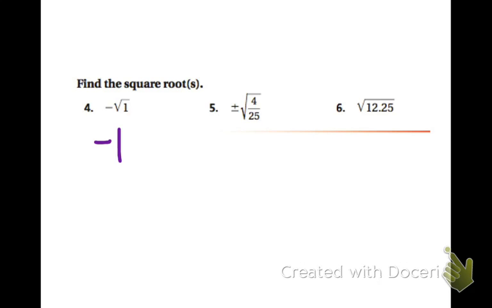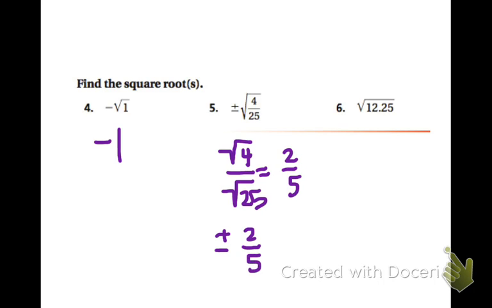When you have the square root of 4 over 25, it's the same thing as the square root of 4 over the square root of 25. So when you evaluate it, you get 2 over 5. Since we want both the positive and the negative value, you could write it as plus or minus 2 over 5.